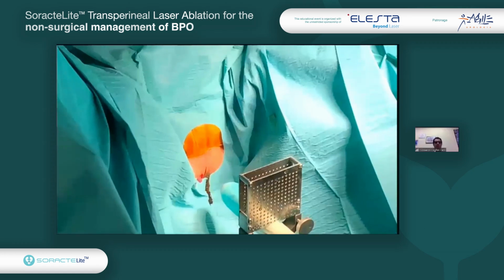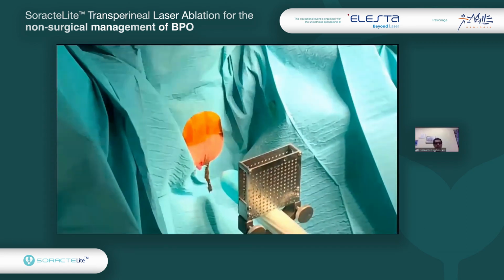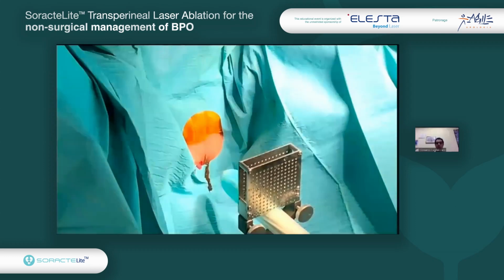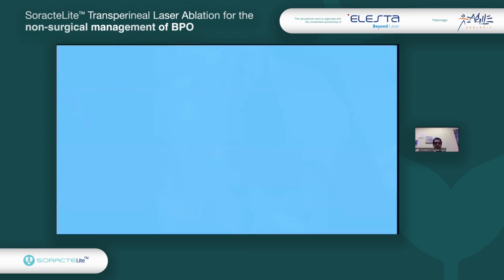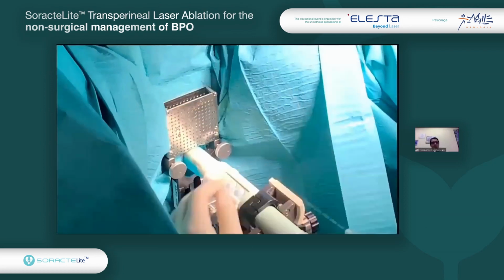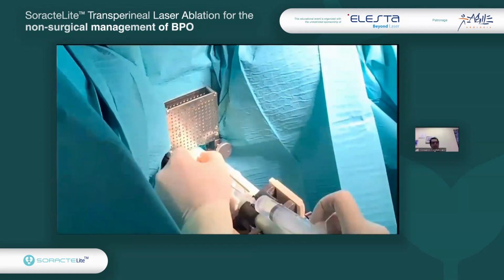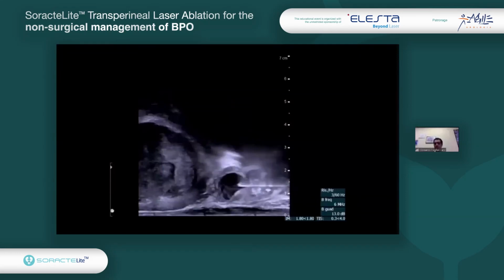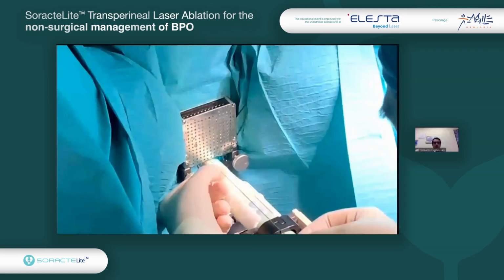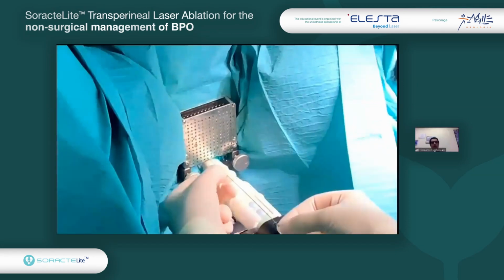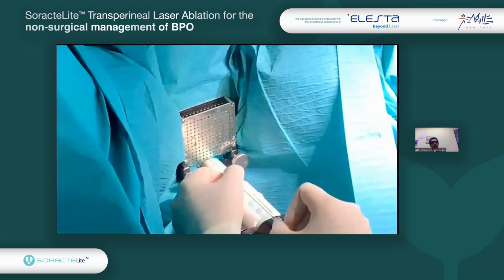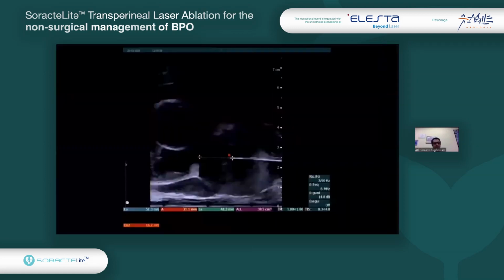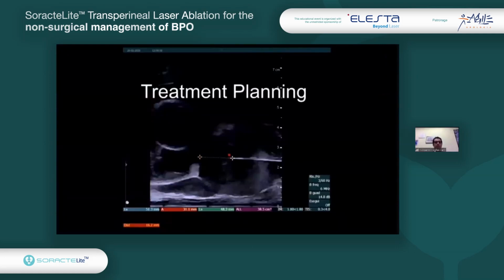Afterwards, the transrectal ultrasound probe is placed along with the brachytherapy grid, and additional anesthesia is performed at the level of the apex of the prostate bilaterally in order to perform the entire procedure under local anesthesia.